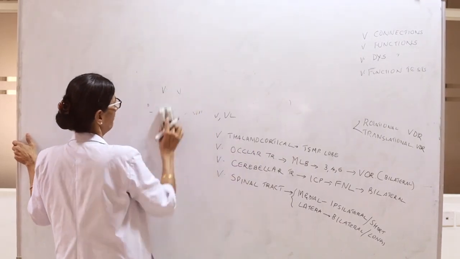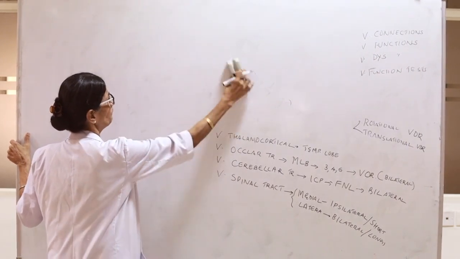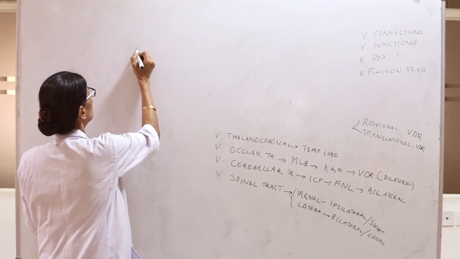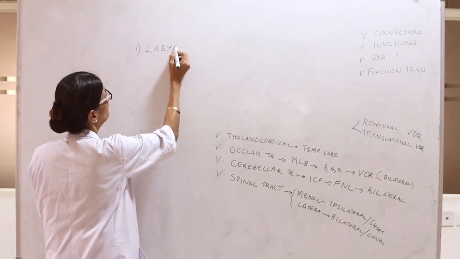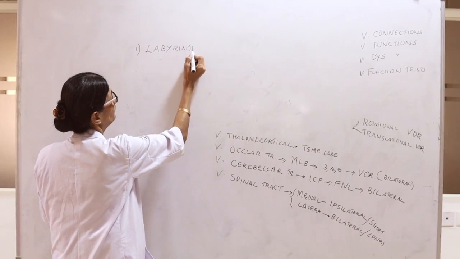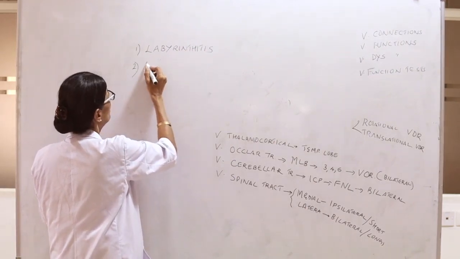And coming to the vestibular dysfunction, we have different types of dysfunction in the case of the vestibular apparatus. The first one is labyrinthitis, which is the inflammation of the labyrinths. The second one is Meniere's disease.